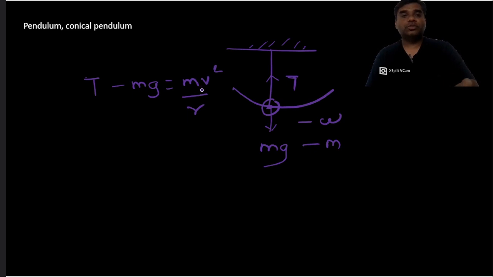The total summation of the forces is equal to mass into acceleration. Simple logic: T always acts away from the body. So T minus mg equals m v square upon r. This is the equation for the pendulum. Now moving towards the conical pendulum.